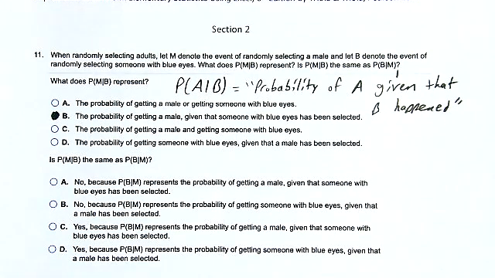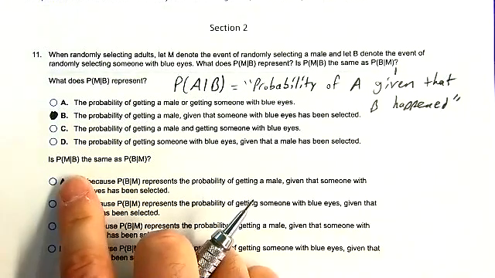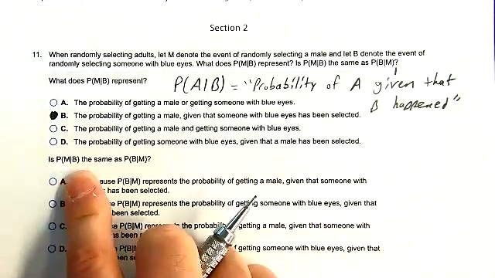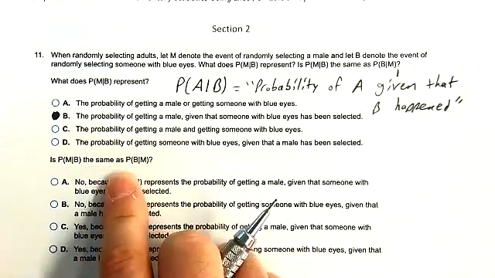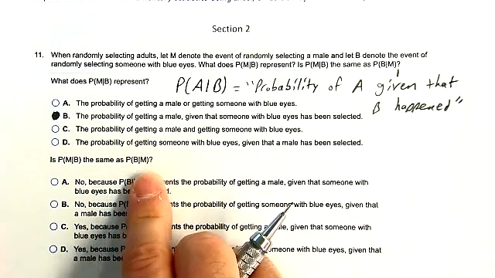So it's the probability of A given that something else already happened or occurred. Okay, so this is the probability of someone being male given that they have blue eyes. Is that the same as the probability of someone who has blue eyes given that they're male?